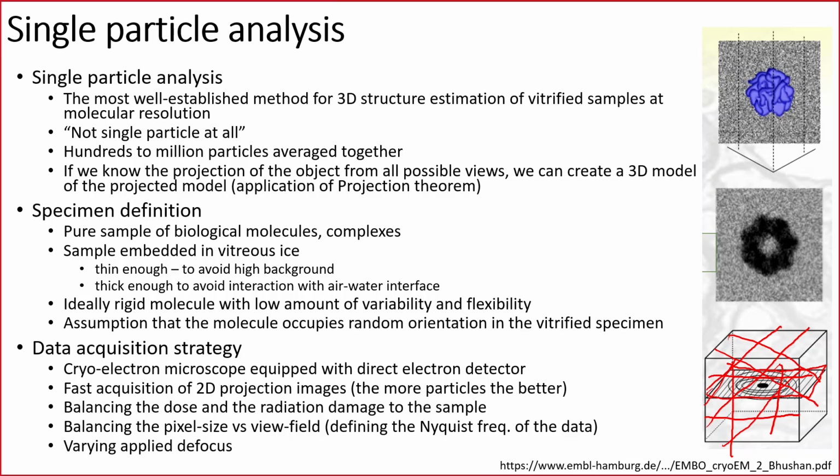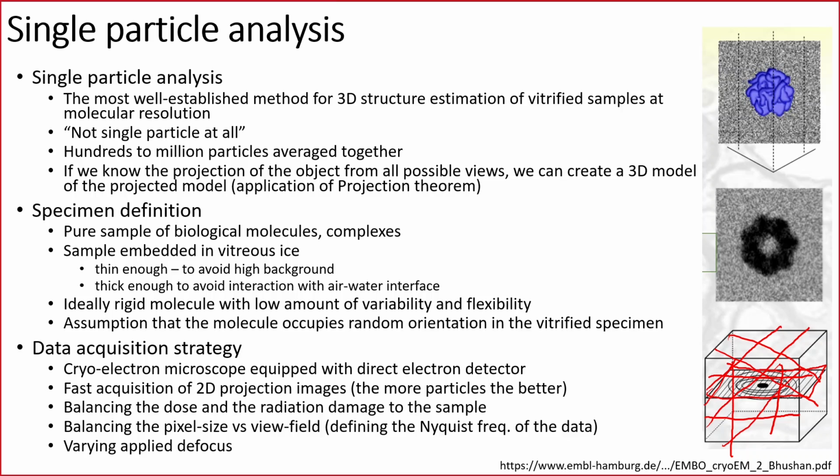Because on this interface, the structure of the molecules is deteriorated, which leads to lower resolution. What's ideal for SPA is to have a rigid molecule, and also ideal is that we have this molecule in all the possible random orientations vitrified in the ice.